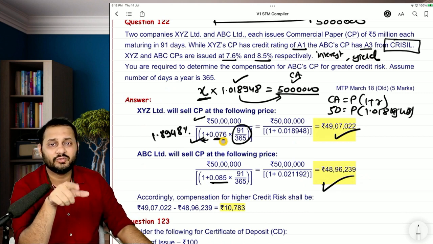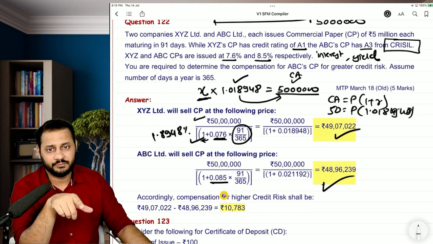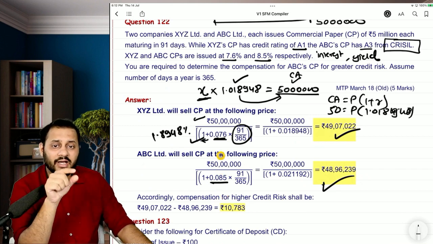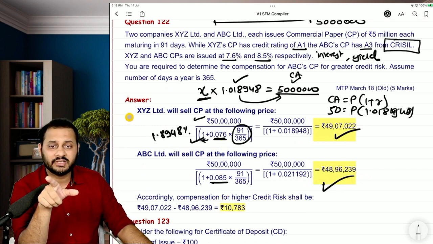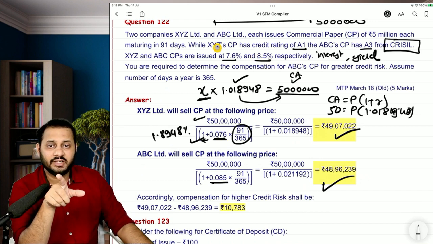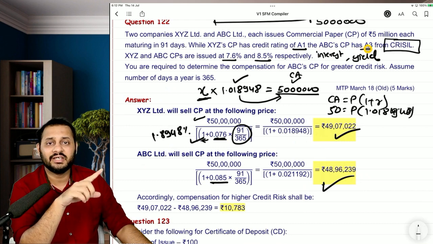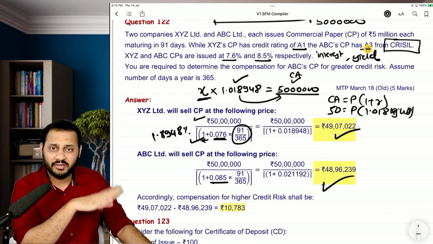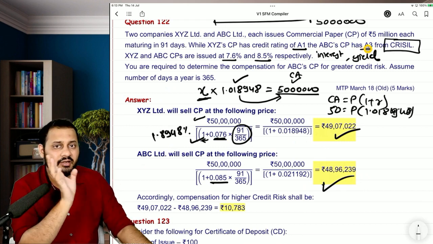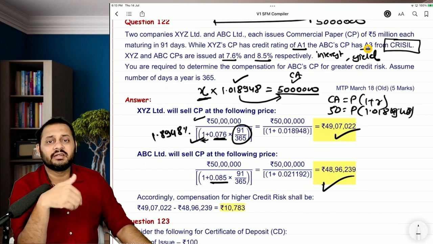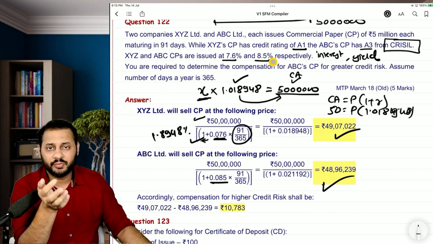Because the interest rate was lower than ABC's. And why was the interest rate lower for XYZ Limited? See, XYZ's credit rating was A1 and ABC's credit rating was A3, which is bad. If the credit rating is bad, the interest rate will be higher, that you will have to pay more interest to the investors.